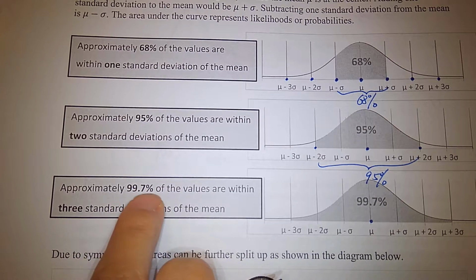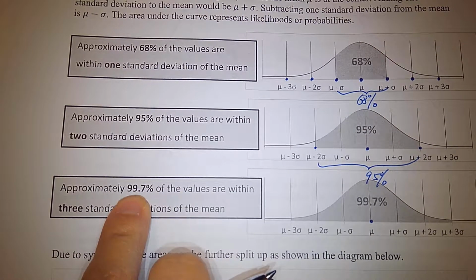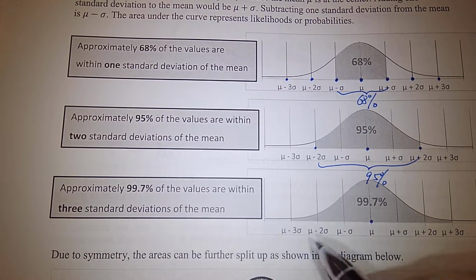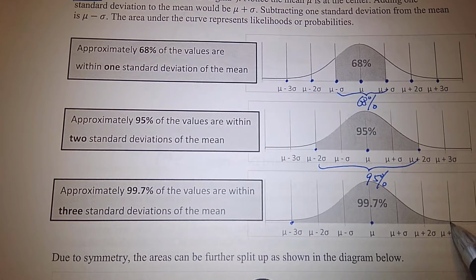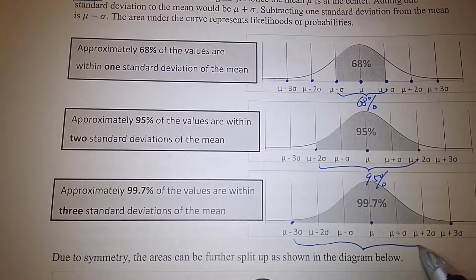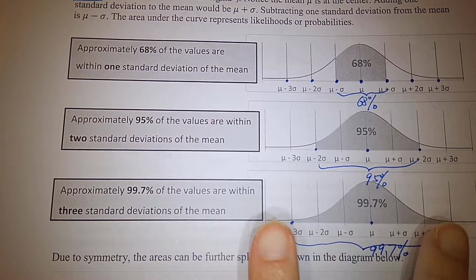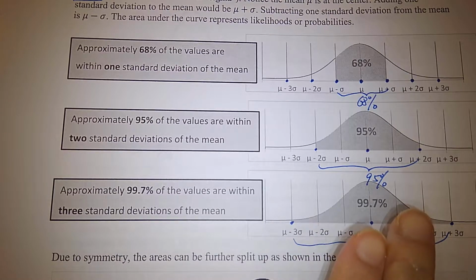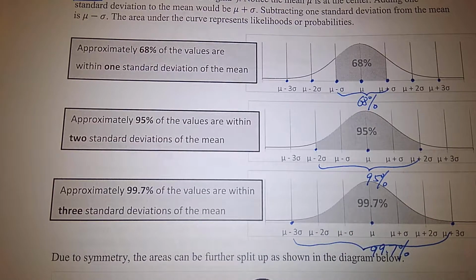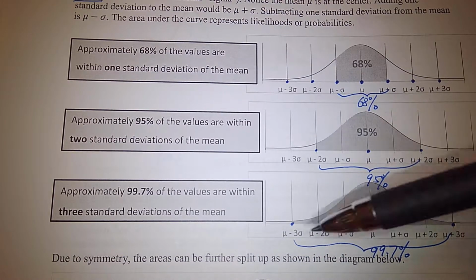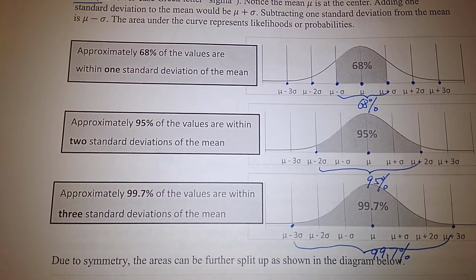Not 100%, but this is almost everything, but not quite. So 99.7% of the data values are within 3 standard deviations. You guys get an idea about these rules?